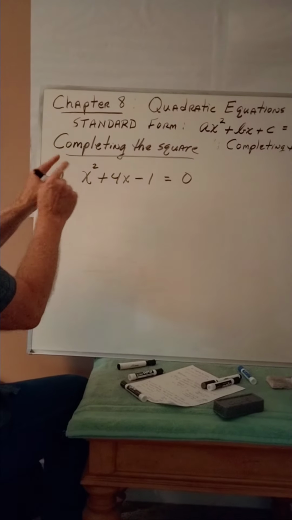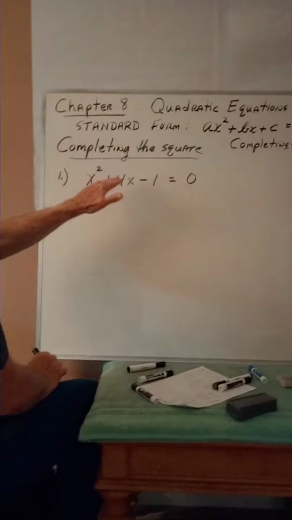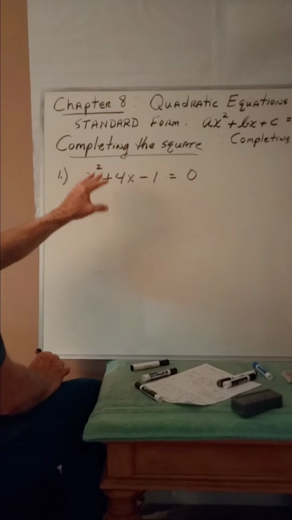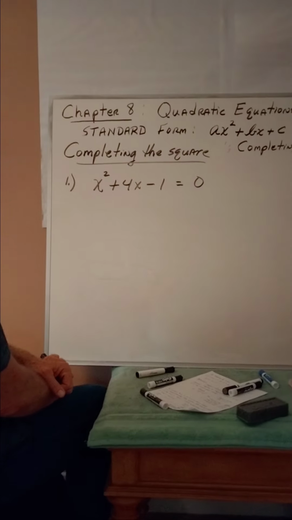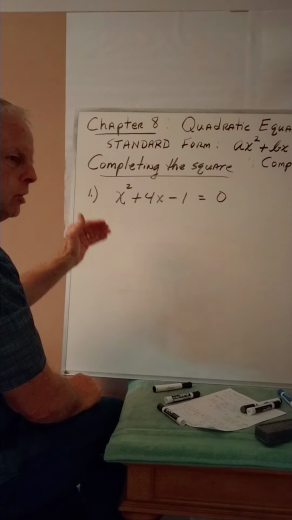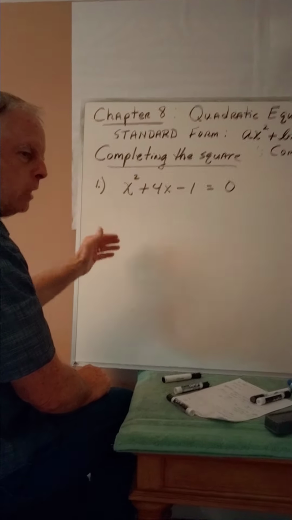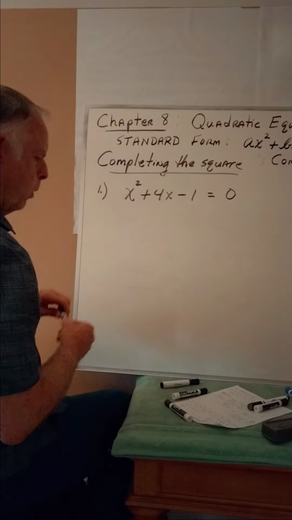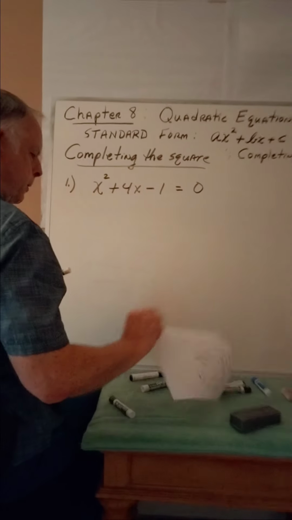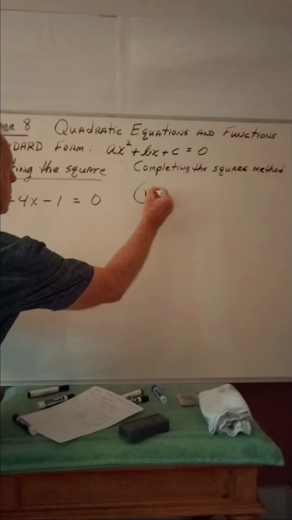Now what we're going to do to this equation, we're going to turn this equation into a model that looks just like the very last problem that we did utilizing the square root method, where we did this one.